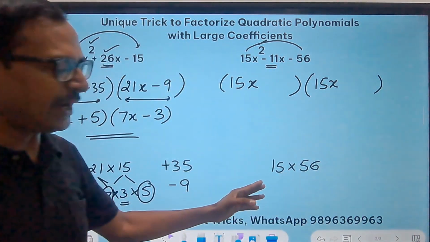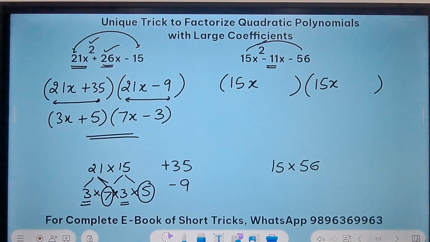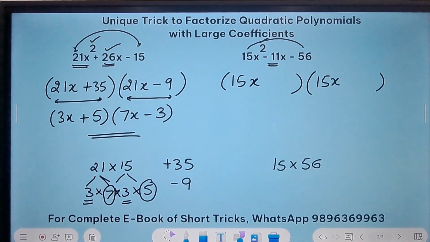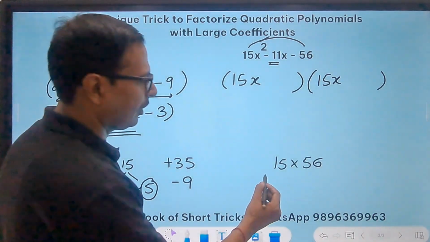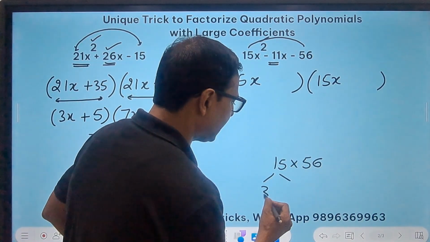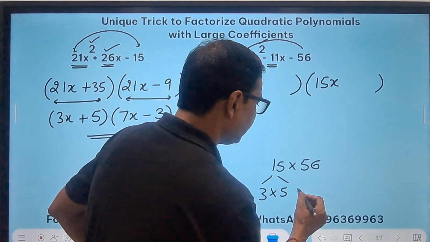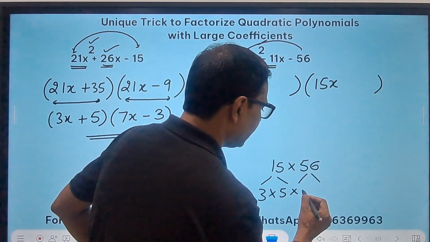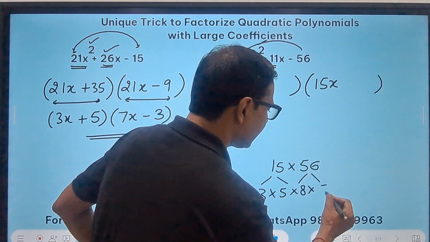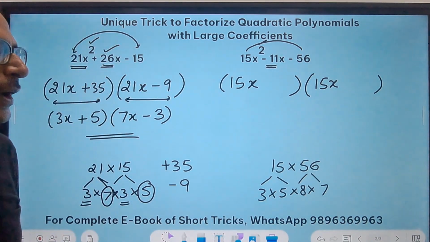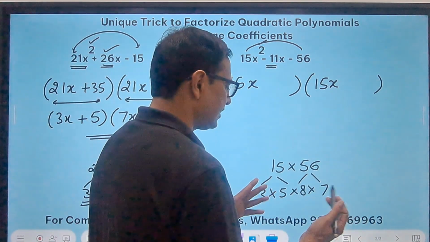So what do I have to do? I have to split it into smaller factors. And those smaller factors obviously are 15 is 3 times 5 and 56 is 8 times 7. 8 7s are 56. So if required, I will break 8 also, but let's recombine these.